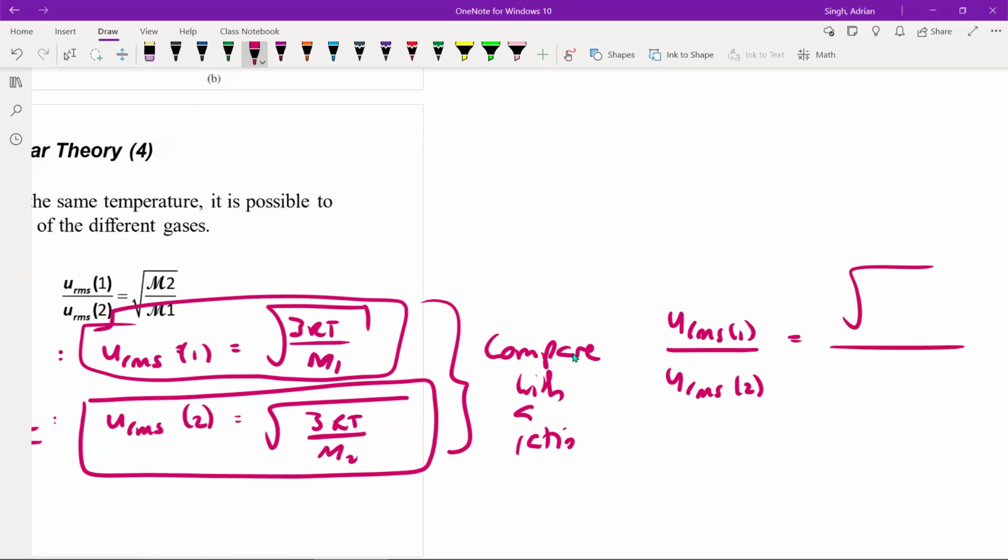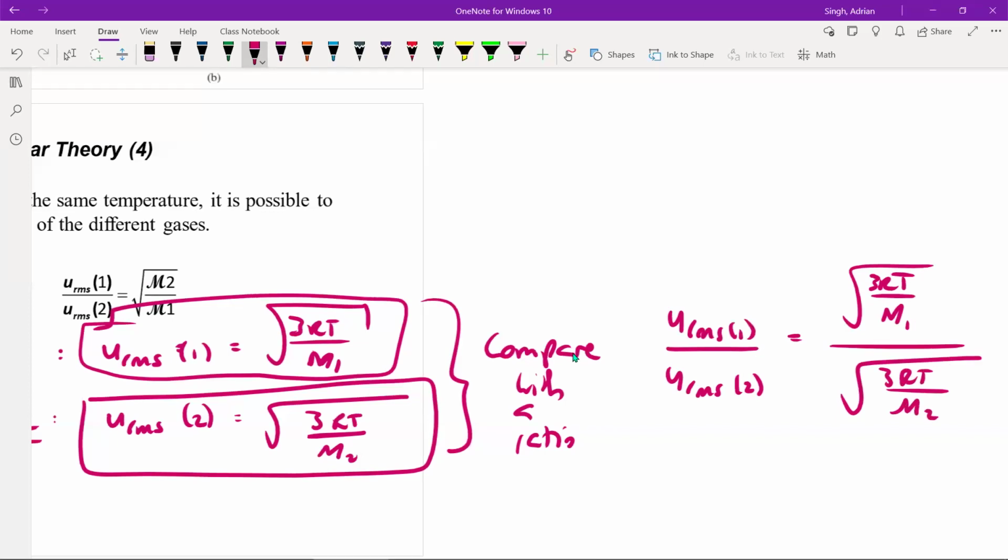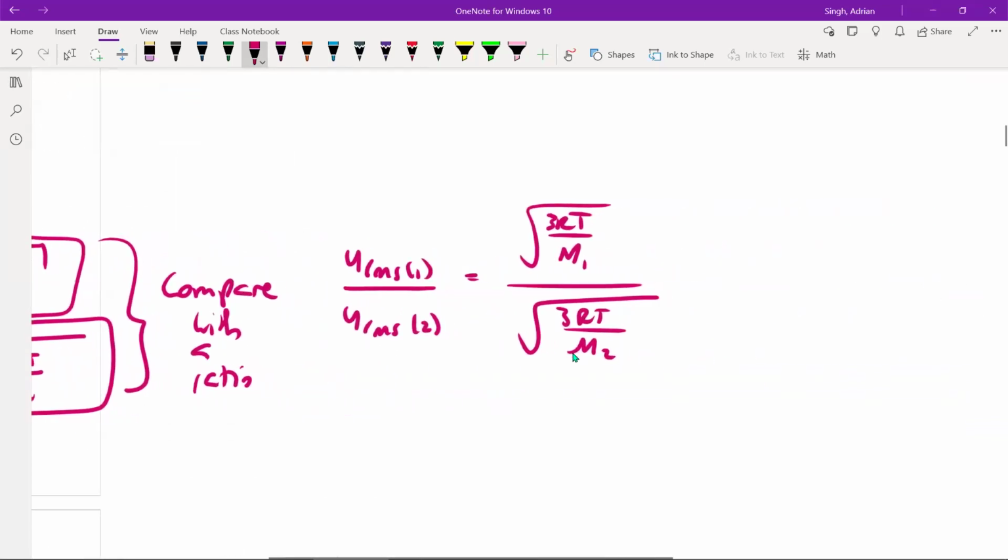So we have the square root of 3RT over the molar mass of 1 divided by the square root of 3RT divided by the molar mass of gas 2. And if we rearrange this equation, we can simplify it. We can come up with a relationship that's a little bit easier to interpret.